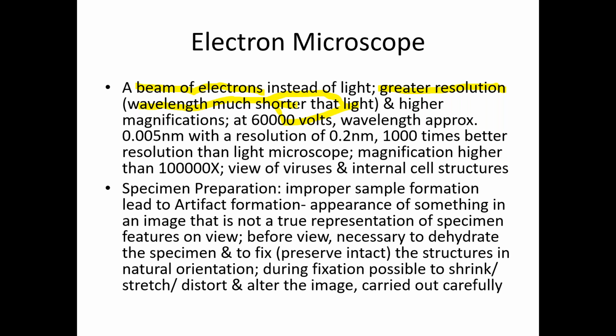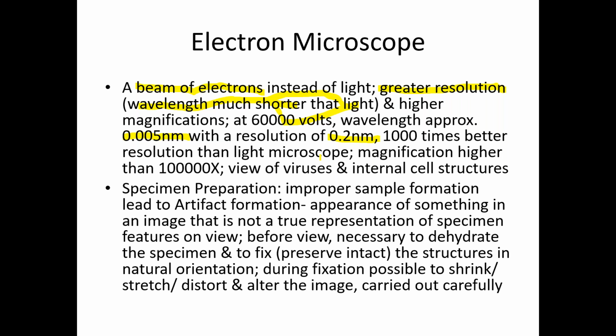That is, at 60,000 volt, the wavelength is approximately 0.005 nanometer. So wavelength of electron beam will be around 0.005 nanometer at 60,000 volt with a resolution of 0.2 nanometer. That is 1000 times better than the light microscope.